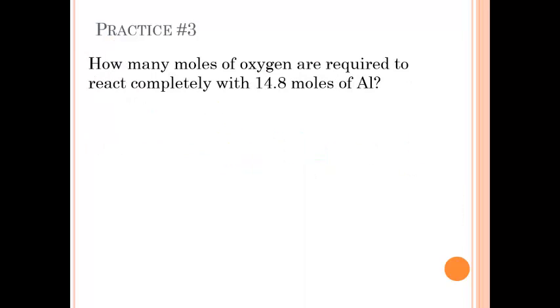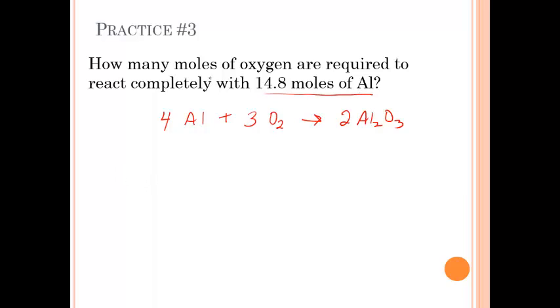And then this last one I am going to let you do. Now for this one, the balanced chemical equation is on the previous problem, practice problem number 2. So I will go ahead and rewrite it just so that you know for sure that it is balanced. And you're going to be doing something very similar to what we did in practice problem number 2. The only thing is that we are starting with moles of aluminum. That's what you're going to be starting with over here.